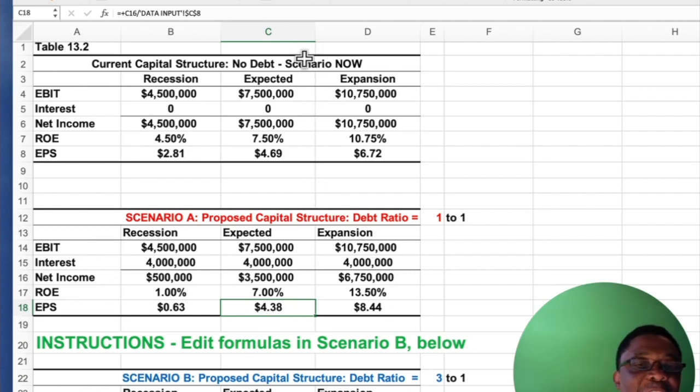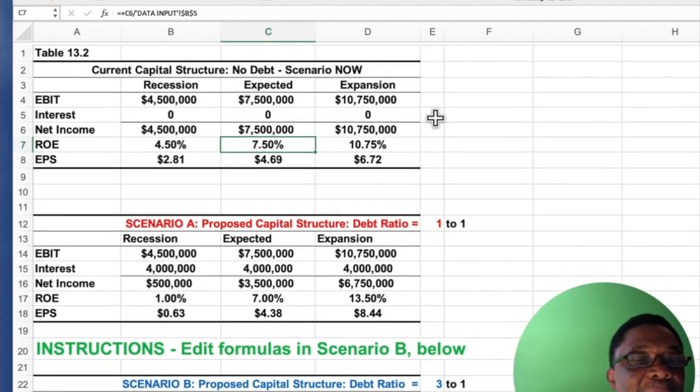So if we have a normal economy and the firm earns an EBIT of $7.5 million, the firm would be better off with no leverage versus a debt to equity ratio of 1-to-1.